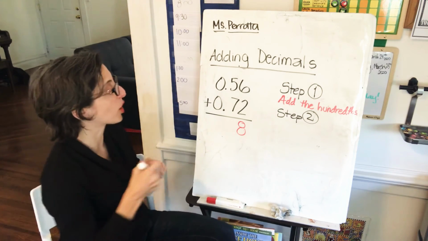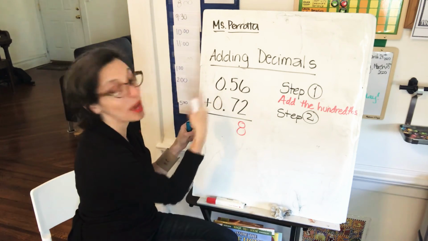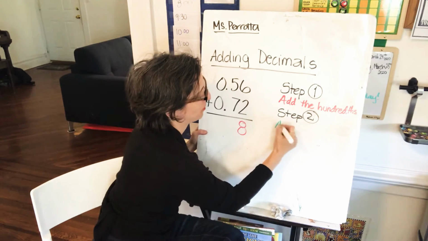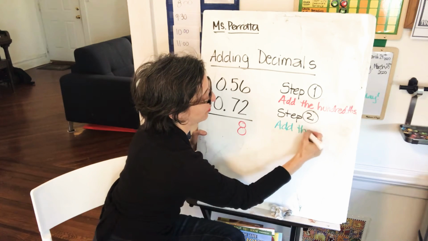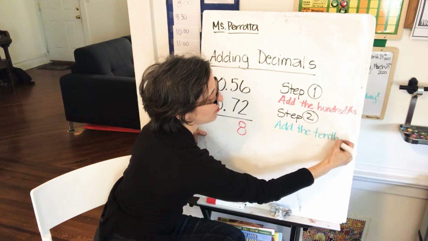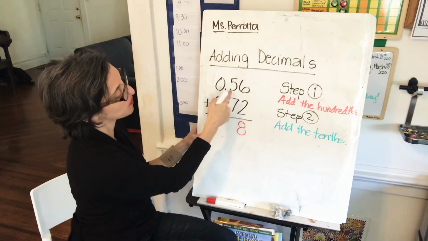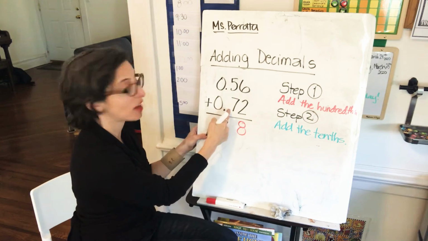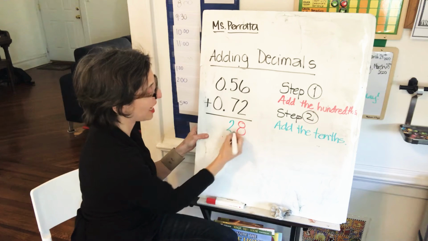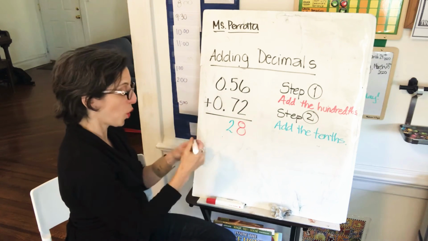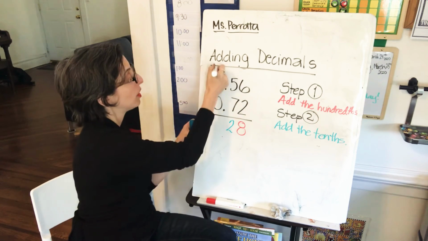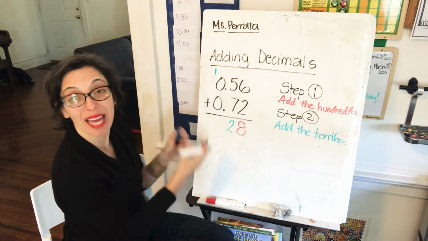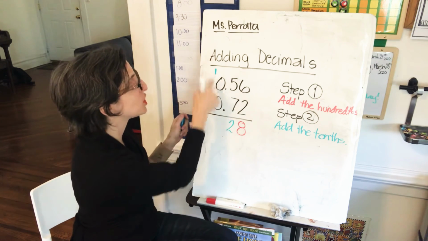I'm going to use a different marker, and I'm going to add the tenths. So I'm going to add the tenths, 5 and 7. 5 plus 7 is 12 tenths. Now normally I'm going to regroup when I regularly add. Since I'm adding the same way, I'm regrouping into the new place value.